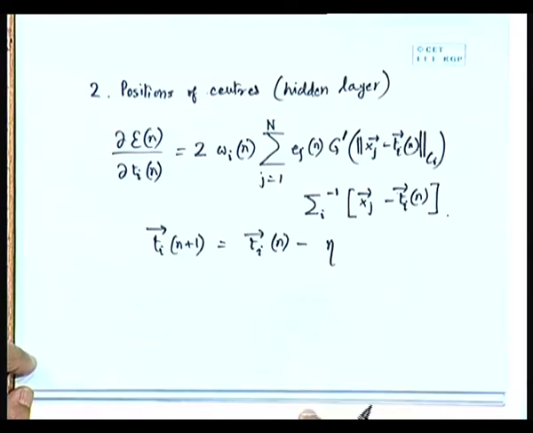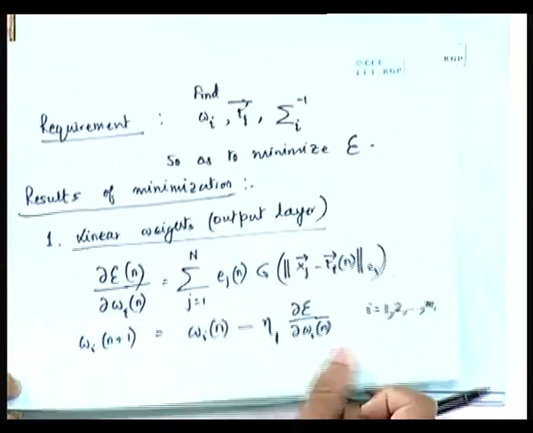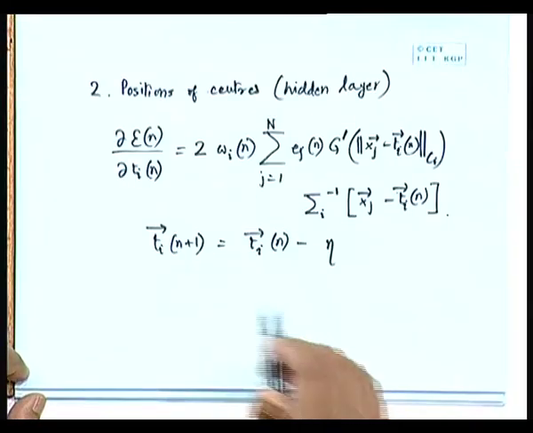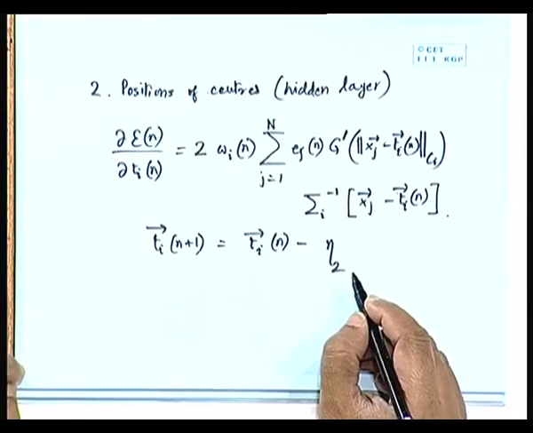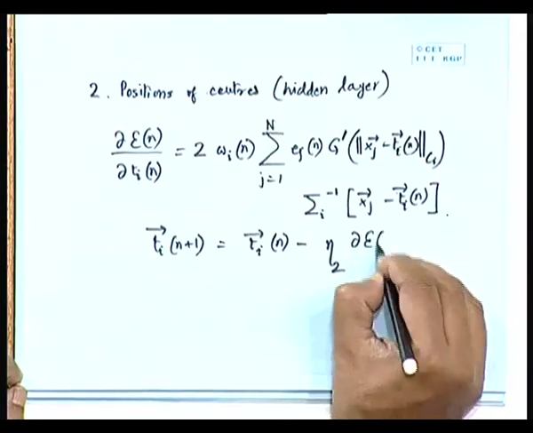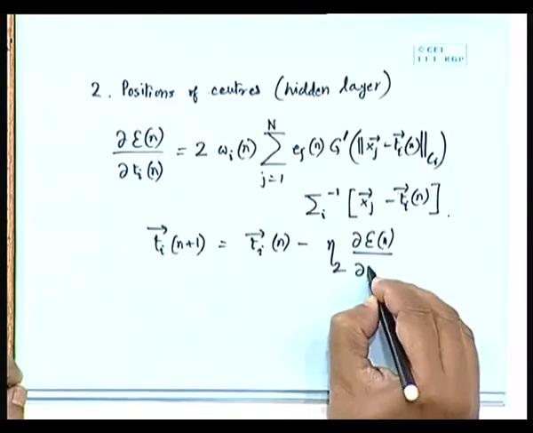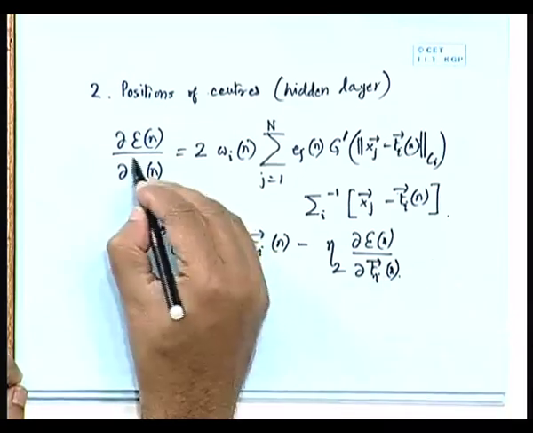But last time, the learning rate for the linear weights, we were putting η1 as the learning rate. So, this time we have to put a different learning rate for the positions of the center. So, we put it as η2 as the learning rate. So, this is η2 times ∂E(n)/∂T_i(n), right.